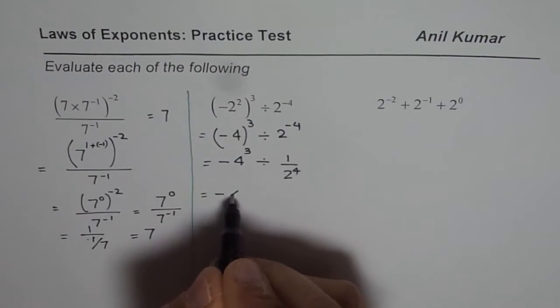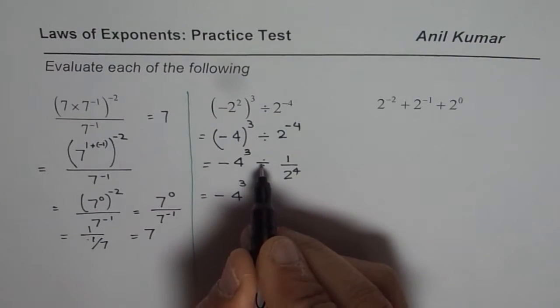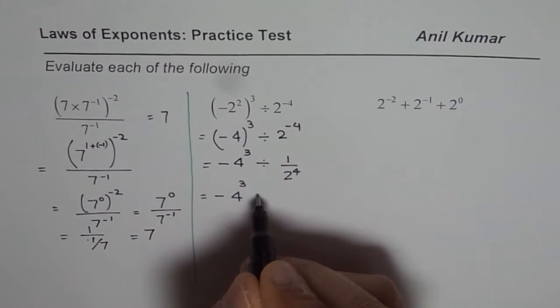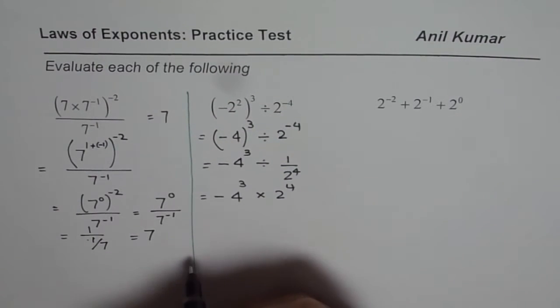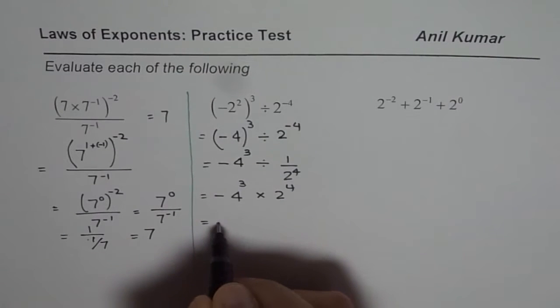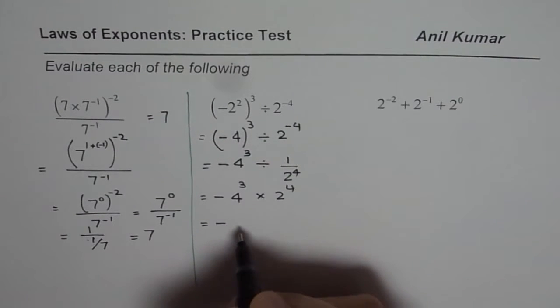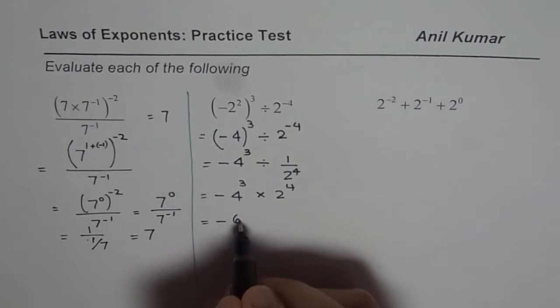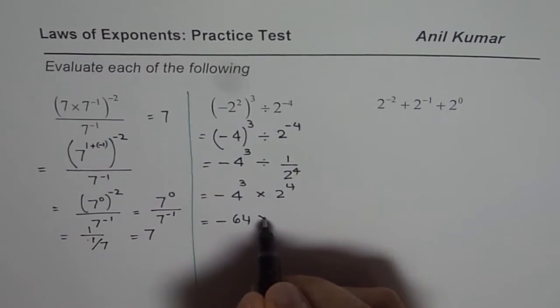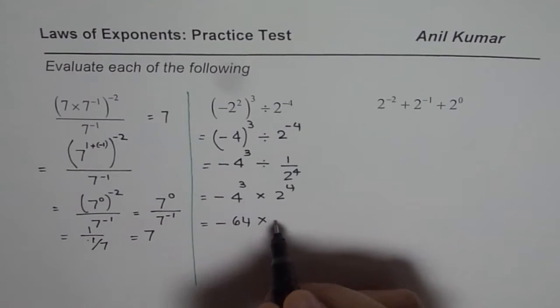Now it is minus 4 cubed. Division is the reciprocal of multiplication, so you could write this as times 2 to the power of 4. Now minus 4 cubed, you can use the calculator: 4 cubed is 64, and 2 to the power of 4 is 16.